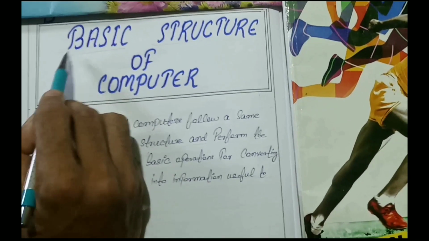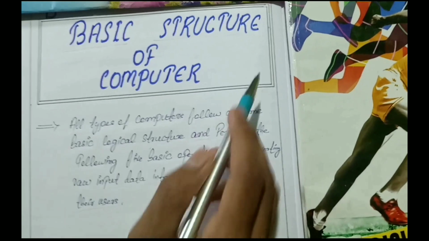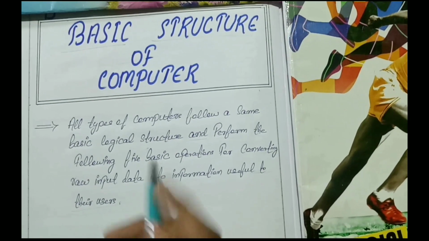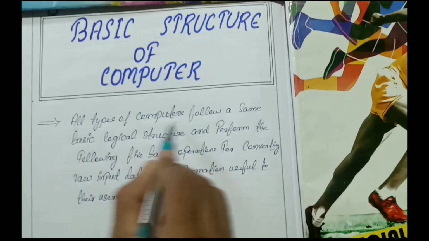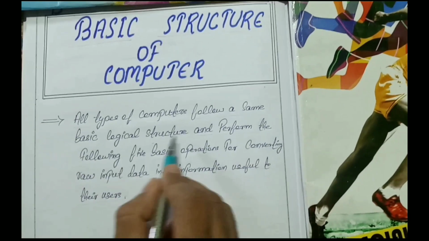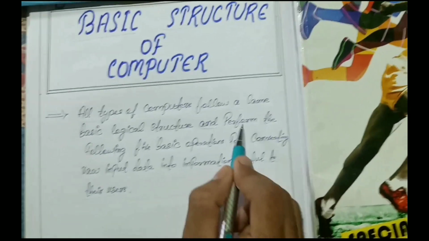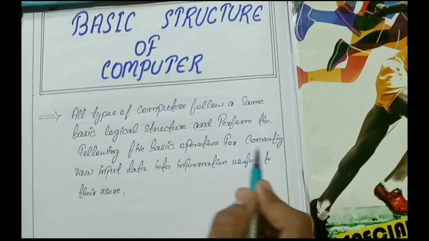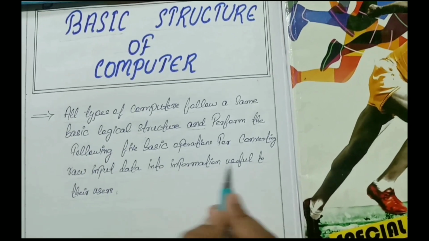Basic Structure of Computer. We know that all types of computers follow the same basic logical structure and perform the following 5 basic operations for converting raw input data into information useful to their users.